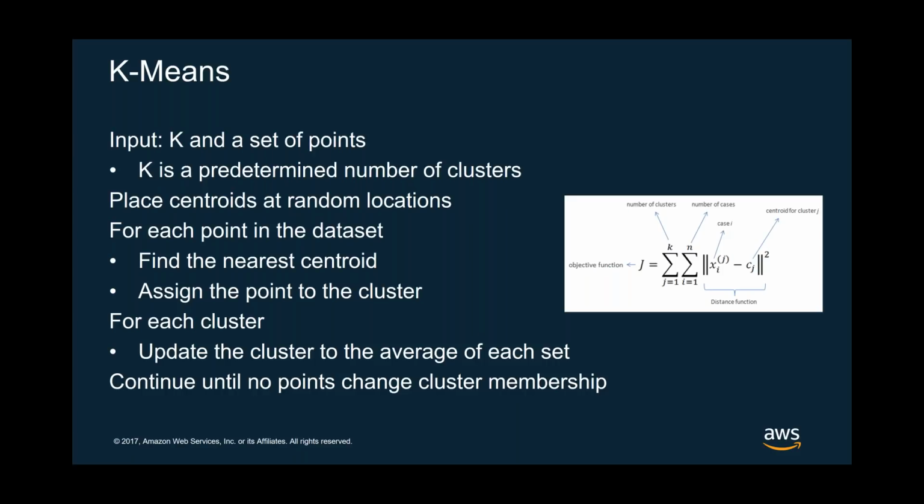Typically, the way the method works is you take a look at your addressable data space and you place the centroids at random locations. Then you will find for each point in the data set where the nearest point to that randomly assigned centroid, is what it's called, and begin to calculate a distance.